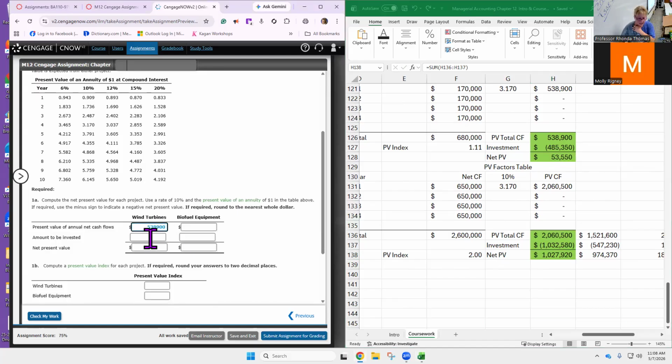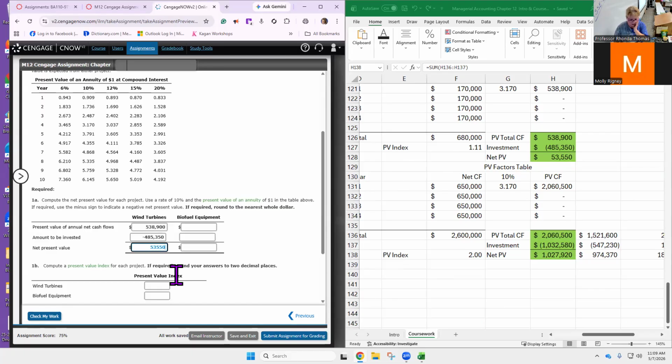So let's just rekey. I think we're getting used to keying in our net present value of different projects. And I think hopefully you're starting to see that using different analyses provides different information. Each of these analyses has pros and cons for using them.